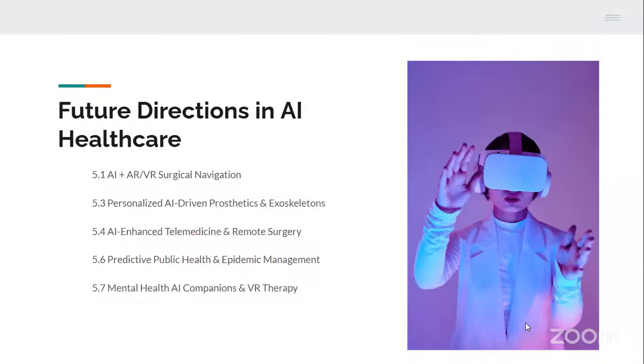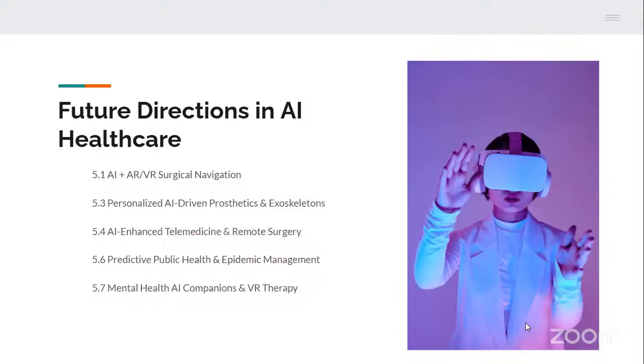Next is using a catheter, where they make a small opening in the wrist and send a thin tube, called a catheter, to look into the lungs. These procedures can be enhanced when you use AI and integrate it with augmented reality.